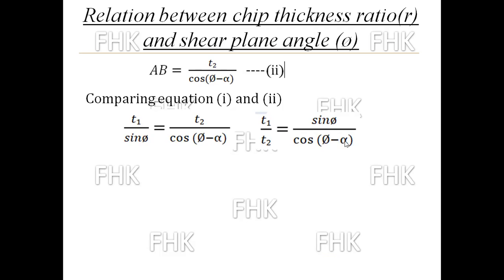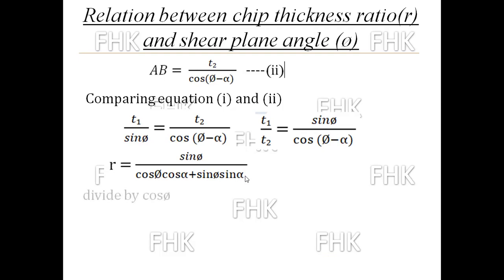Cos A cos B plus sin A sin B. I will write in the next step: r, the chip thickness ratio t1 divided by t2, is equal to sin φ divided by cos A cos B, which is cos φ cos α, plus sin A sin B, which is sin φ sin α.